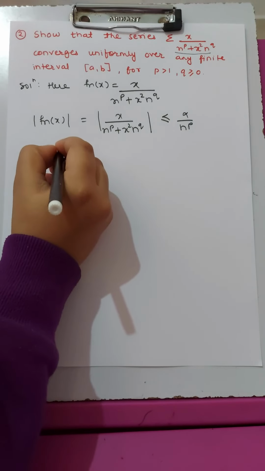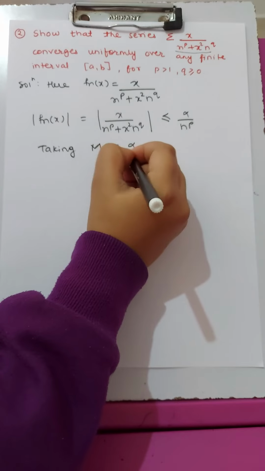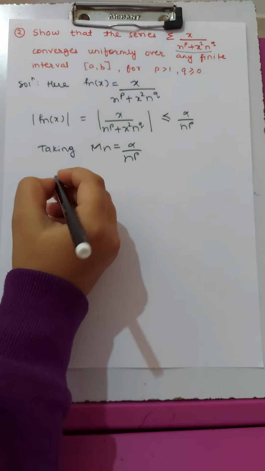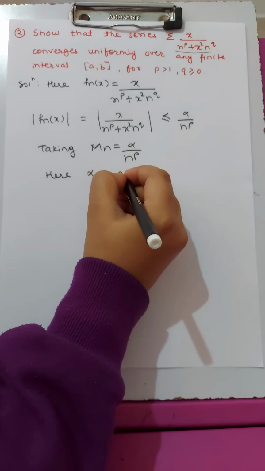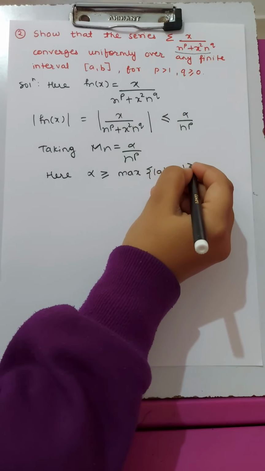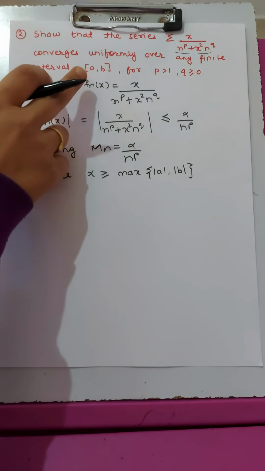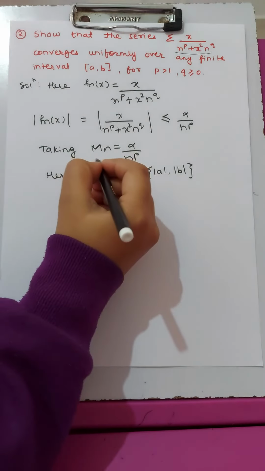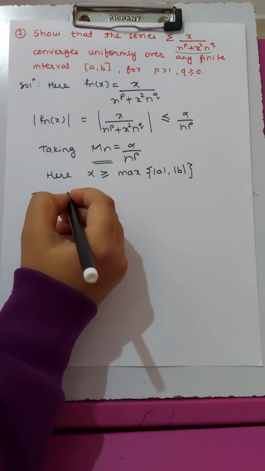So taking Mn equal to alpha upon n to the power p, and here alpha is greater than max of mod of a, mod of b, where a and b are the lower and upper bounds of the given interval. So this series summation Mn converges by the p test.